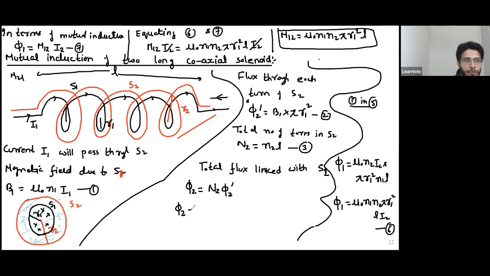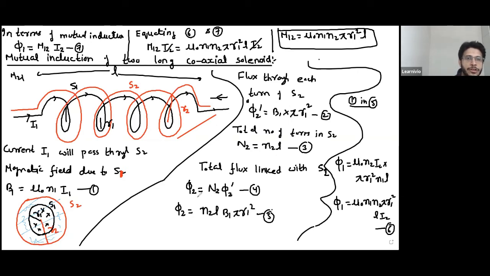So your phi 2 is N2L multiplied by phi 2 prime, which is B1 pi R1 square. I call this equation number 4, and this is 5.